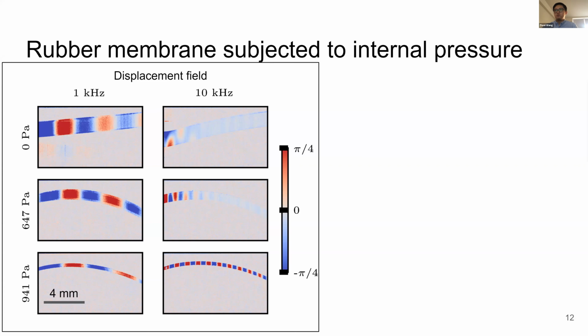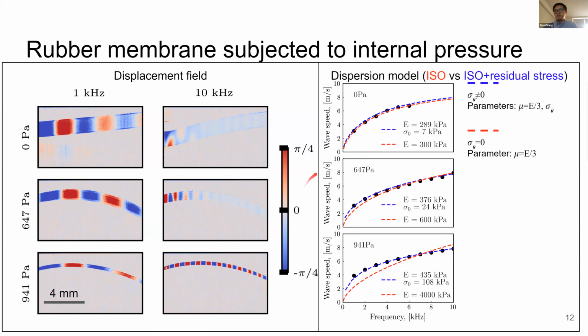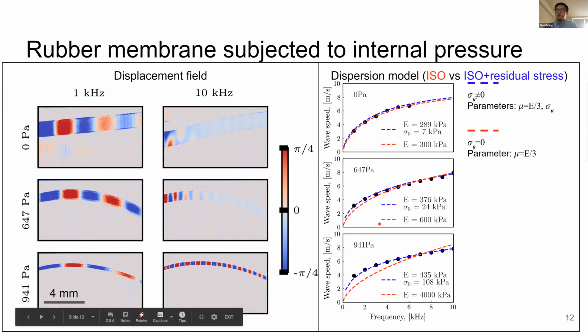But here we are not interested in the absolute displacement, but in the wave speed, and this profile shares the same wave speed information with the real displacement field. So we can then plot the measured dispersion in black dots for 3 different conditions.